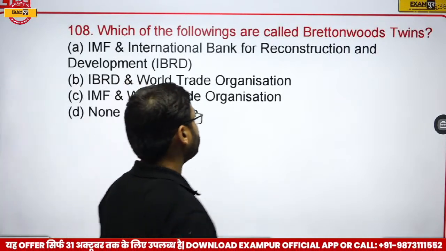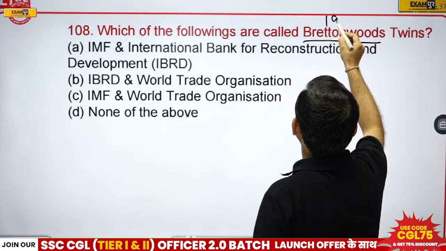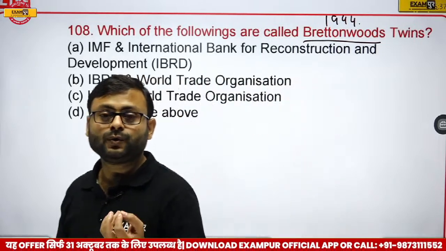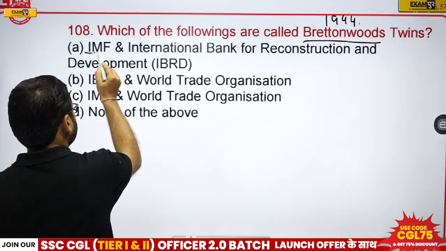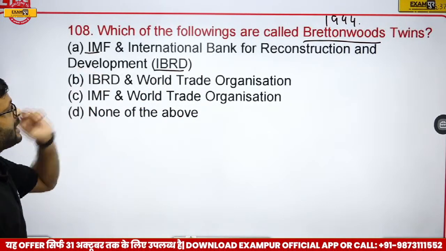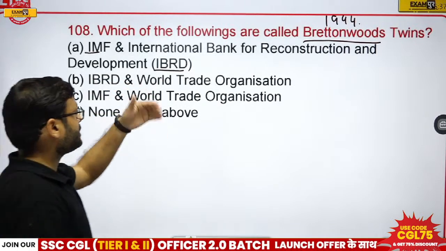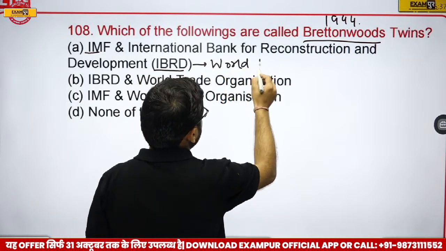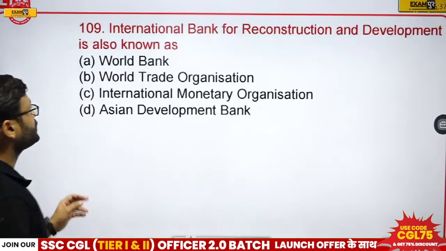The Bretton Woods Conference was held in 1944, and in this conference two institutions were born. The first one is IMF and the other one is International Bank for Reconstruction and Development, which is also known as World Bank. The other name of the IBRD is World Bank.